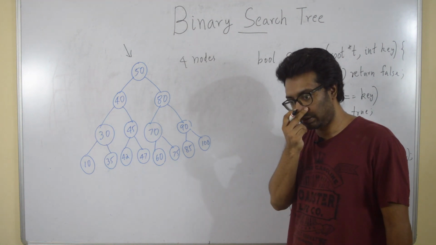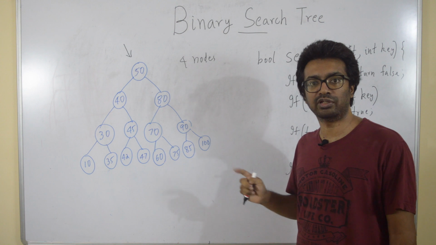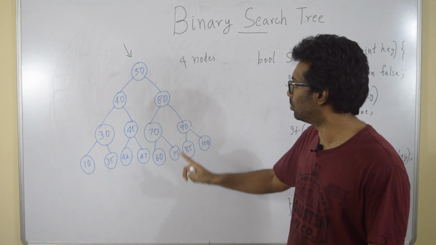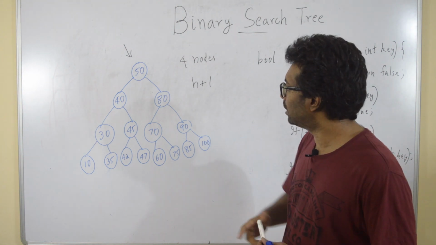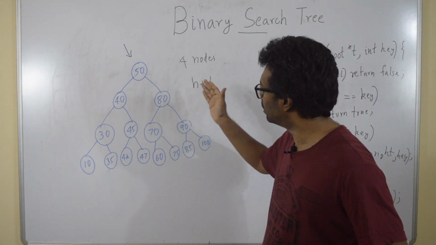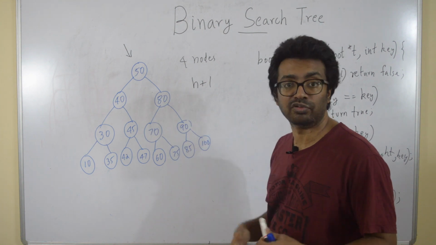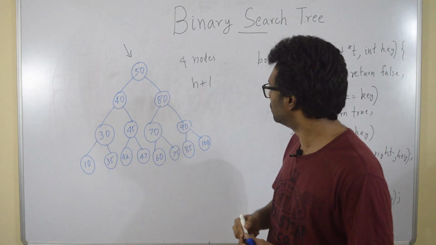What is 4 in terms of the height of this binary tree? 4 is basically h plus 1, right? The height of this tree is 3, and the number of nodes I visited is h plus 1.